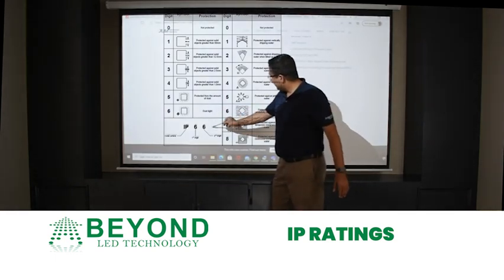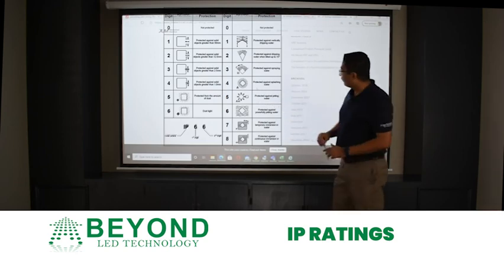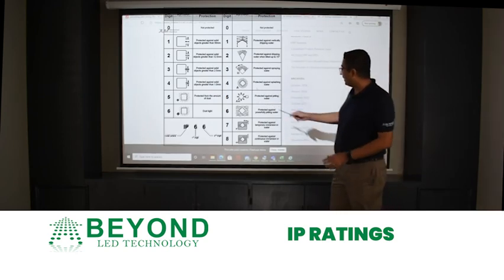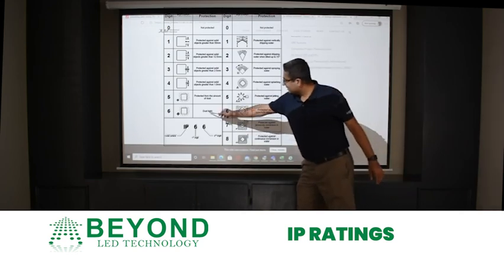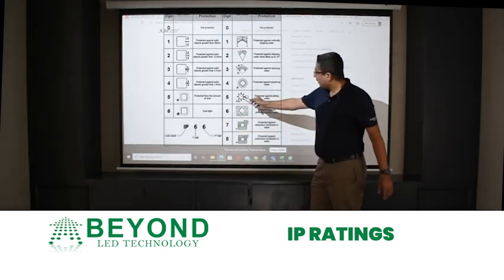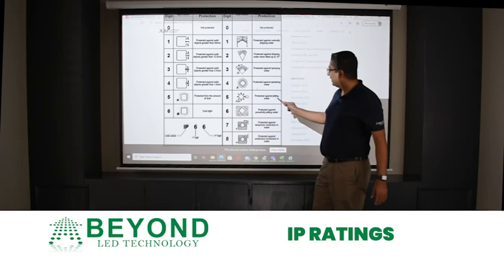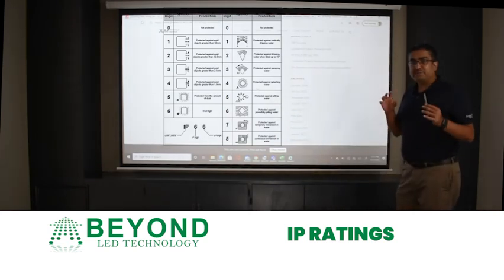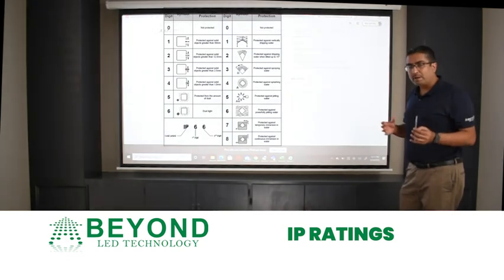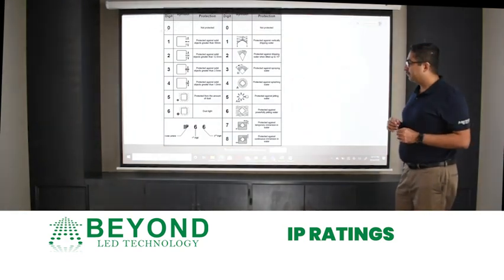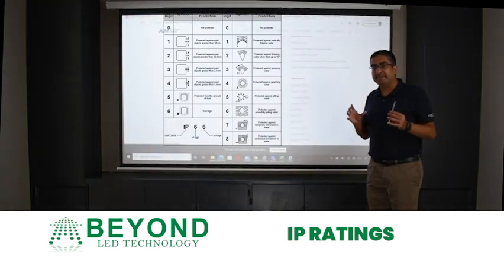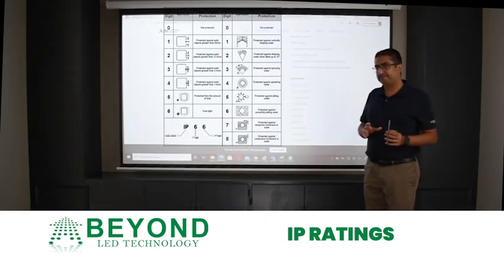And if the product is IP65 rated, 6 is dust tight and the 5 is protected against jetting water. Street lights and wall packs, for outdoor rating, the product has to be minimum IP65 rated.